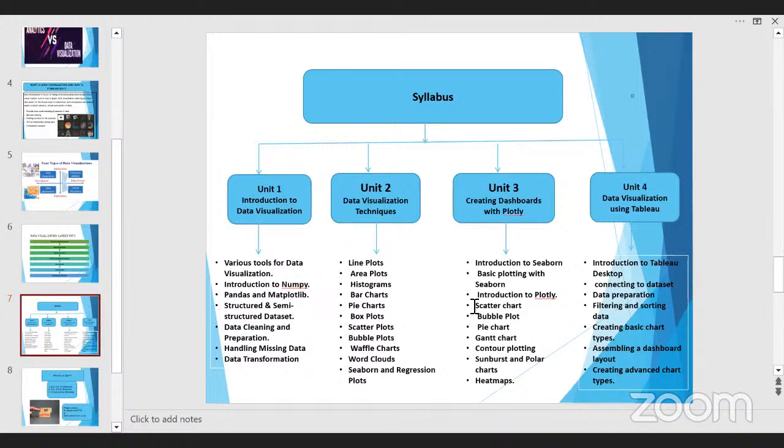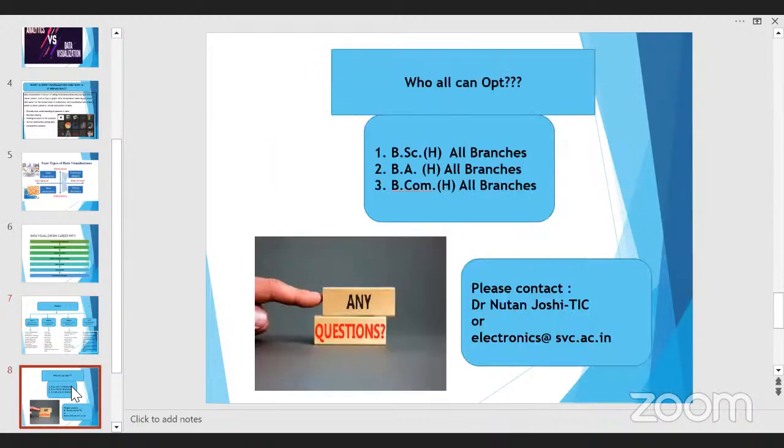Majorly, most of the packages which are used here for data visualization are Python based. Python is a high-level programming language, but we would be dealing a little bit with Tableau also. And then, who all can learn data science? We have listed all branches here.